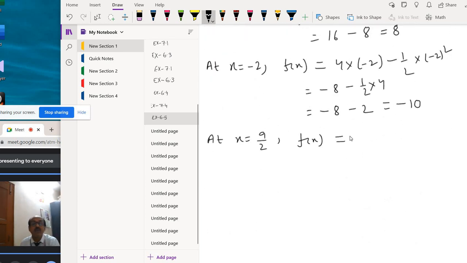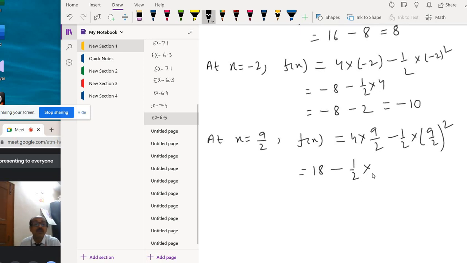So 4 into 9 by 2 minus half into 9 by 2 whole square. So this equal to 18 minus 81 by 8.